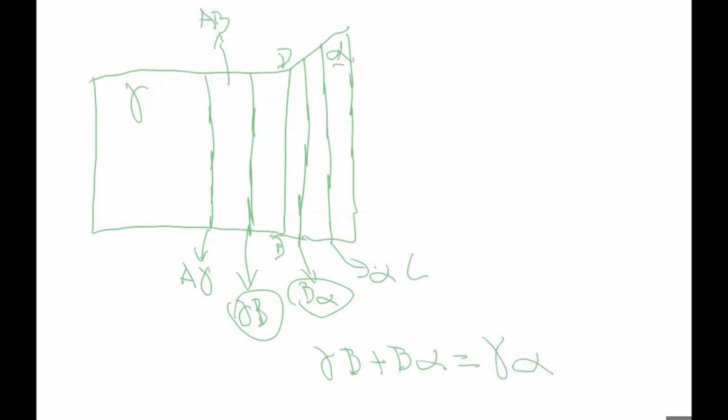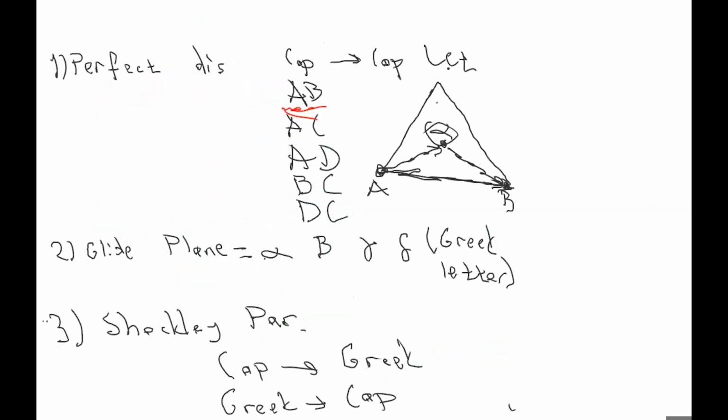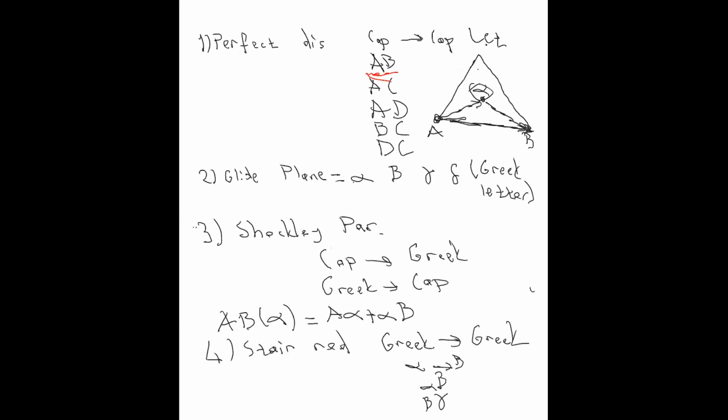And we said the stair rod is, where is it? I'll turn it this way. Yeah, stair rod is from Greek to Greek. You can create the formation of stair rods.